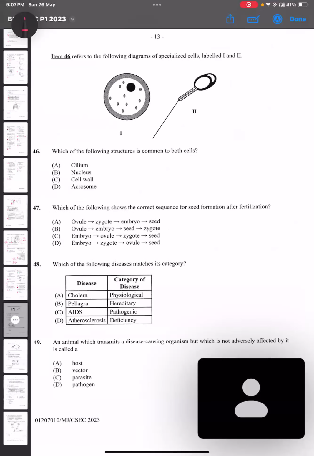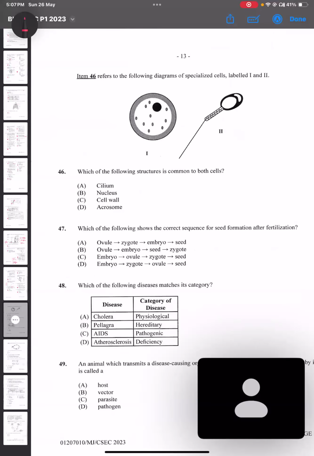And then for 46, which of the following structures is common to both an egg cell and a sperm cell? B, the acrosome, is only inside of the sperm. So this area right here, that's what we call that.